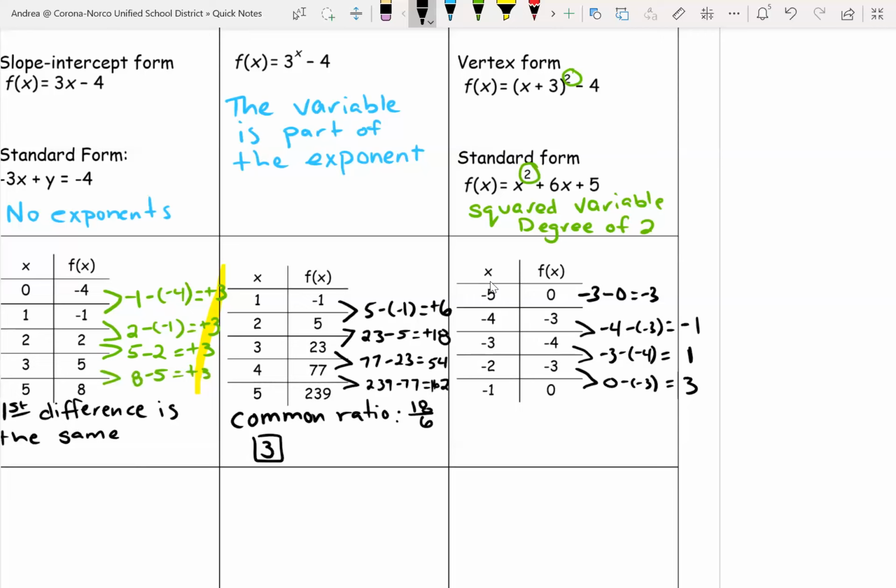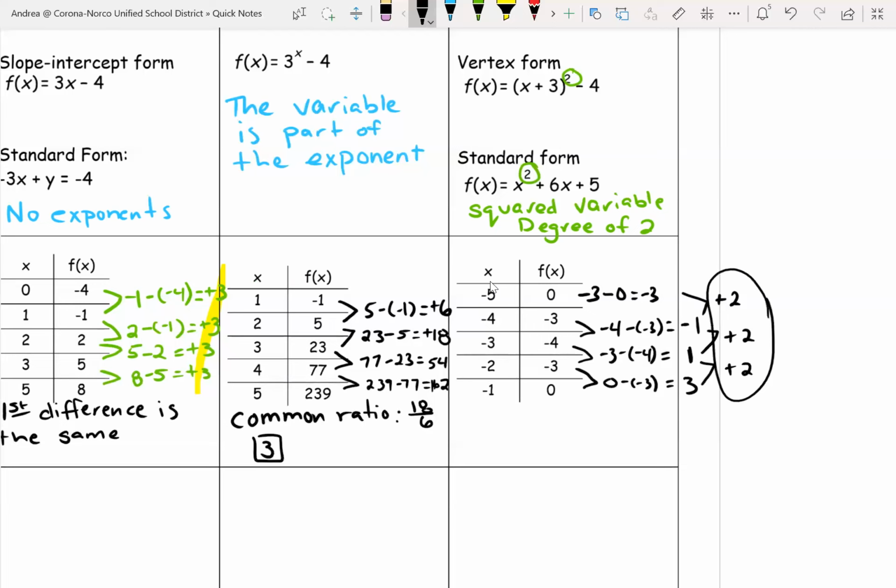Okay. You can kind of see that my numbers repeat with negatives and positives. That is something that can help you identify that this is going to be quadratic. And then finally, our second difference. You do the same thing. What I do to the -3 to get to -1, I'm going to have to add 2. What do I do to the -1 to get to +1? I add 2. What do I do to get from 1 to 3? I add 2.